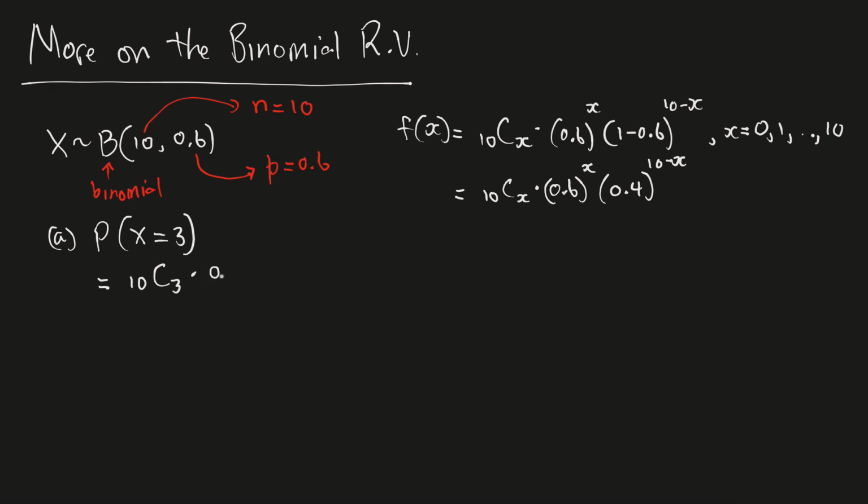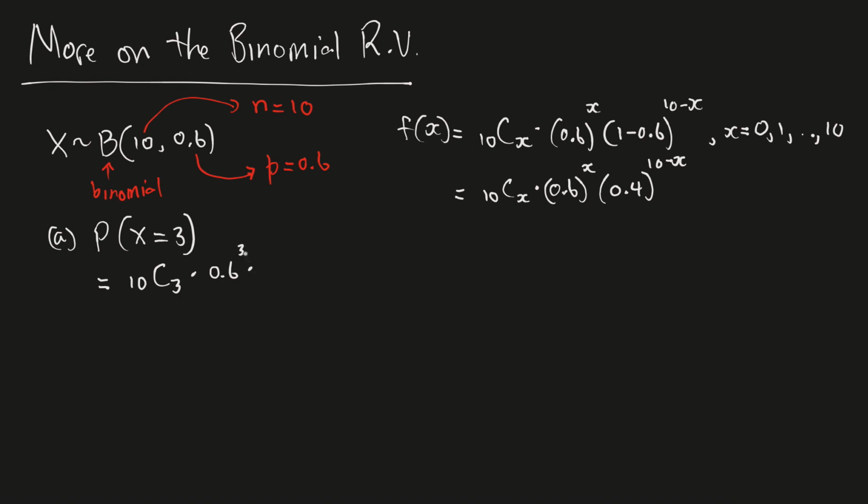The second factor, the 0.6 to the third power, is there because of independence. We want to know the probability that exactly 3 of these 10 trials will be successful. So that's 0.6 times 0.6 times 0.6 because of independence.